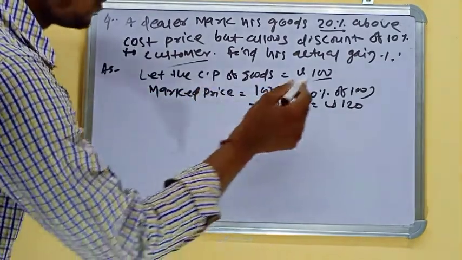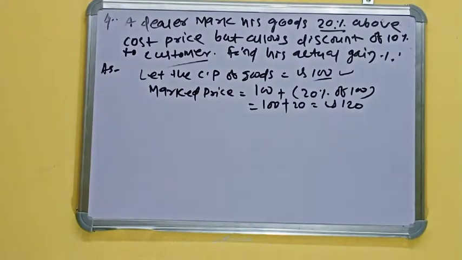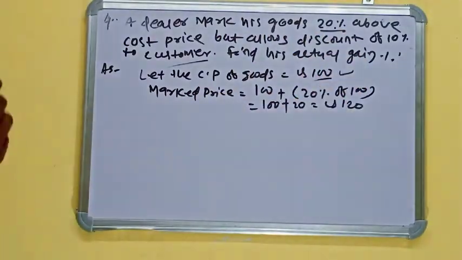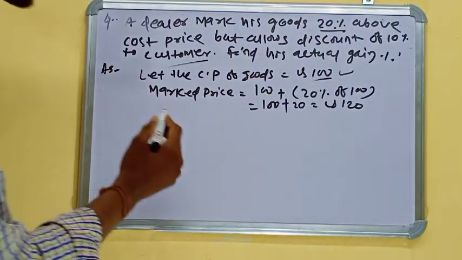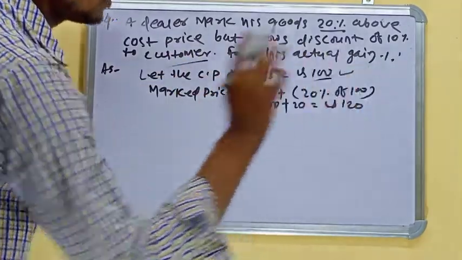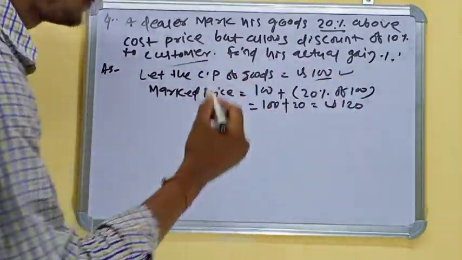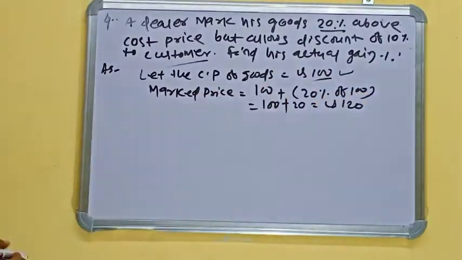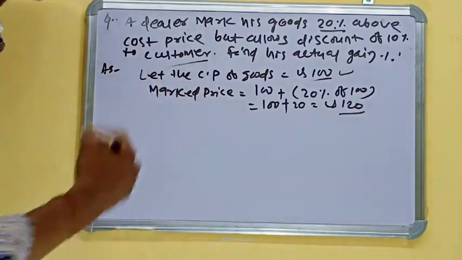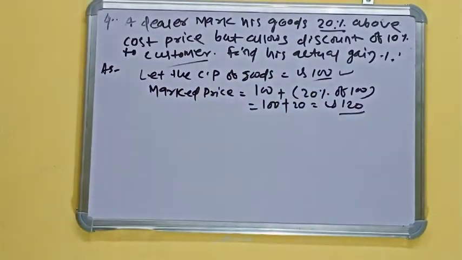The actual CP of goods is rupees 100, but the dealer marked his goods 20% above cost price, so the marked price is 100, the actual CP, plus 20% of 100, which is equal to rupees 120.